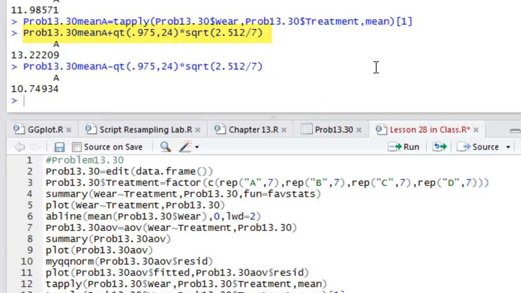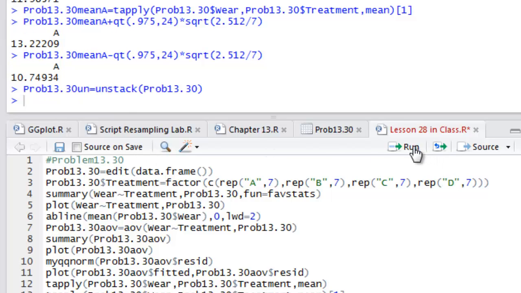My confidence level is 0.95, so I had 2.5% in each tail, 24 degrees of freedom, and took the square root of 2.52 over 7. 7 was the number of data points, the n in that sample. And it looks like my confidence interval goes from 10.75 to 13.22.